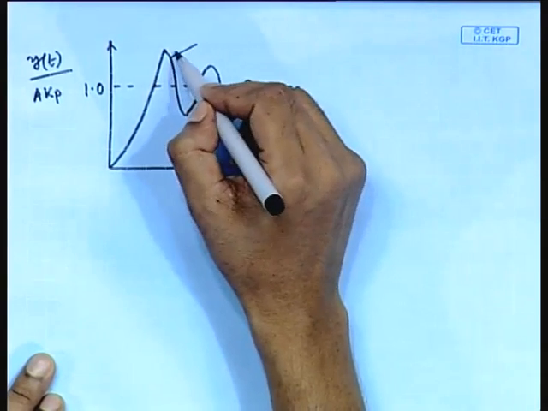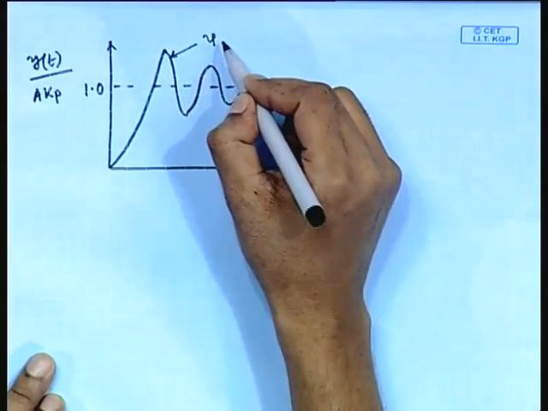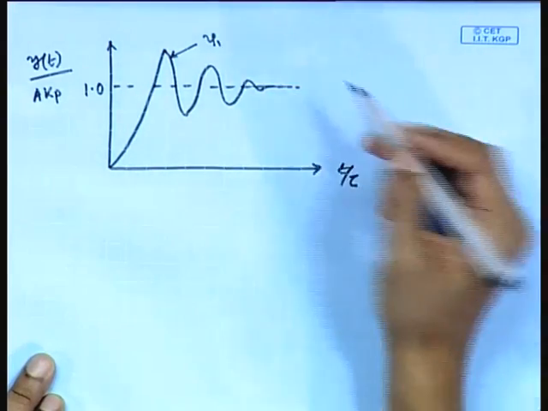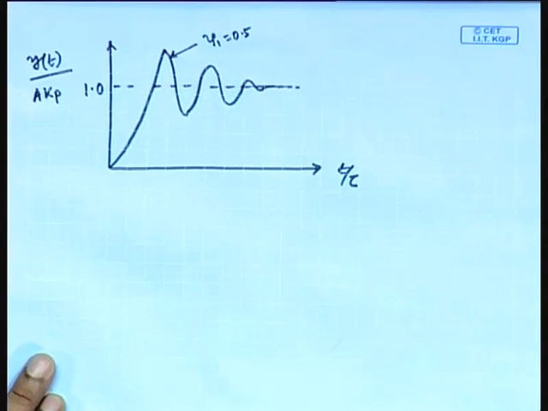This type of dynamic response we obtain for the value of zeta 1, suppose 0.5.